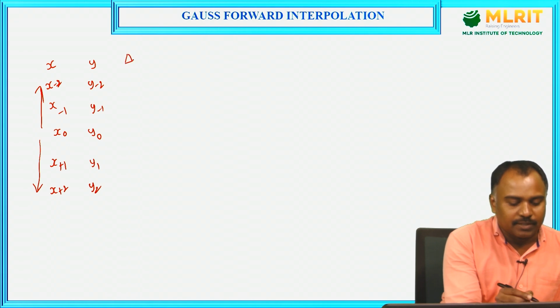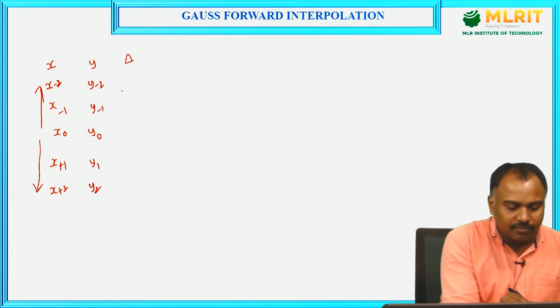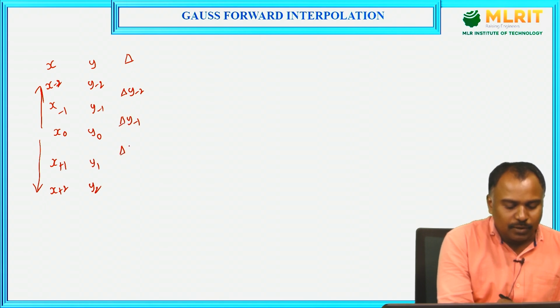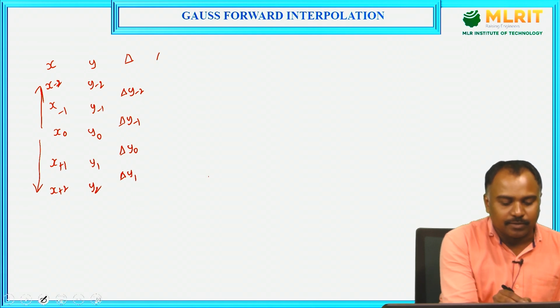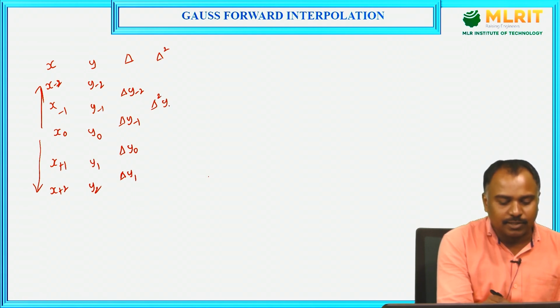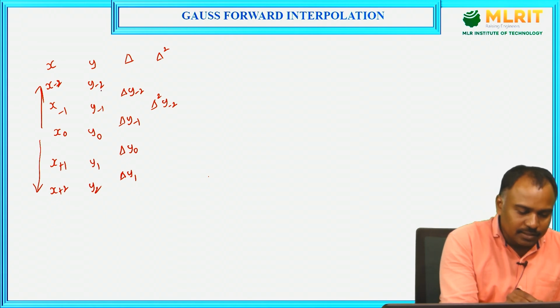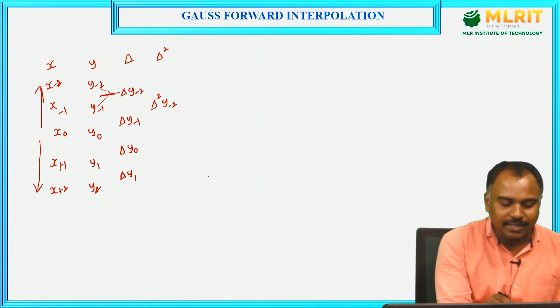So in the previous slide we discussed that we need to find the difference of these two, so we get the respective notations. These notations we already discussed in the forward. So delta square, the difference of these two, delta square y minus 2. It is better to write these differences in the middle so that they are easily understood.